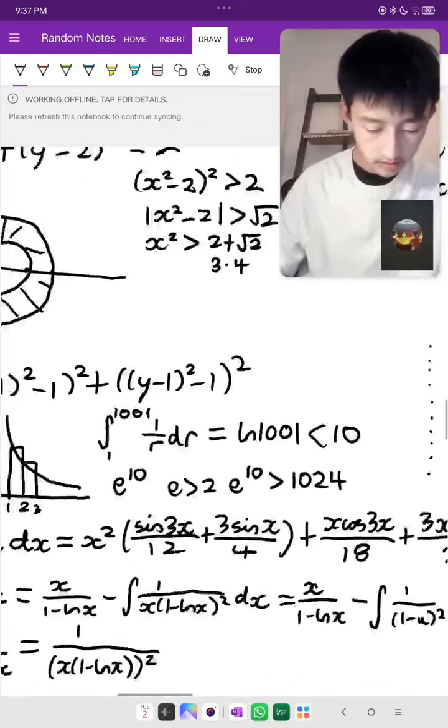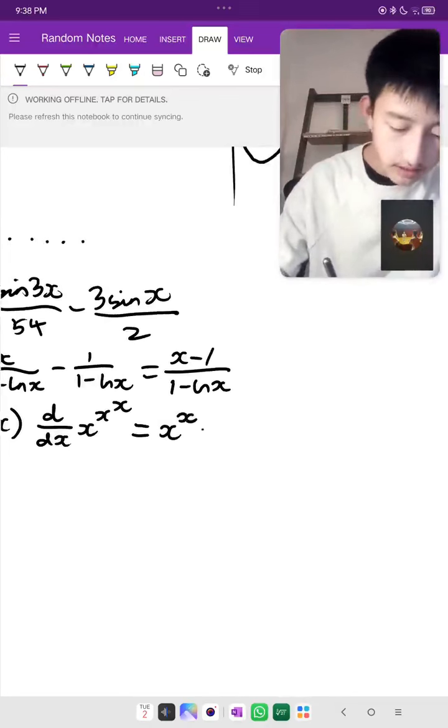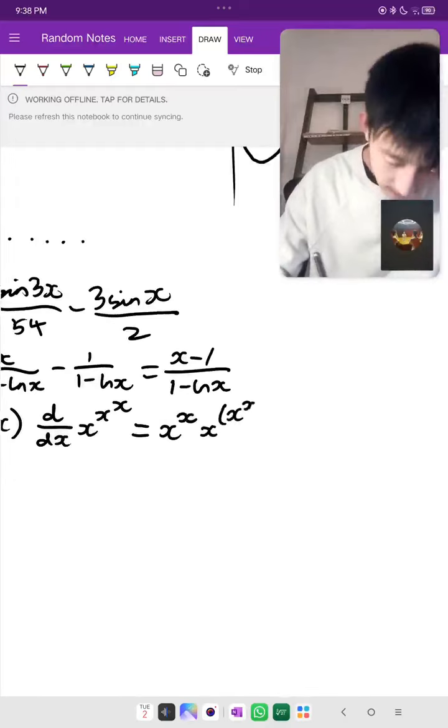So if I chain rule, then the derivative is going to be x to the x times x to the x minus 1 times x to the x times 1 plus ln x. I hope that's right. That is very messy and I don't really like that.